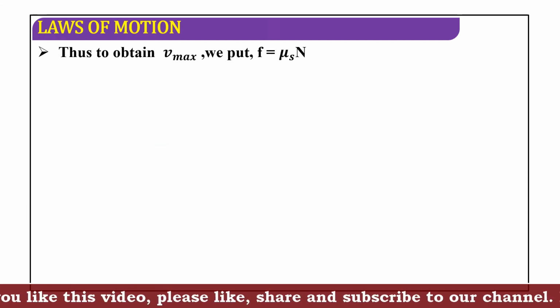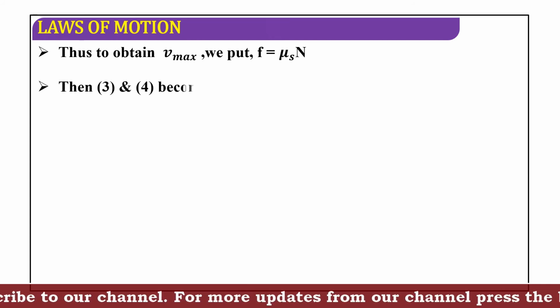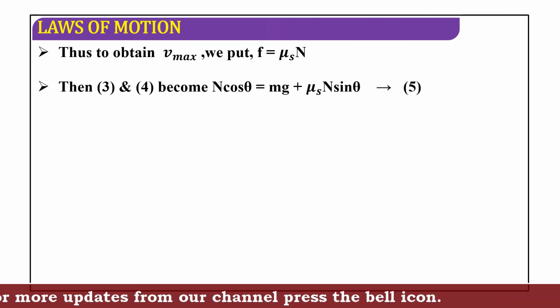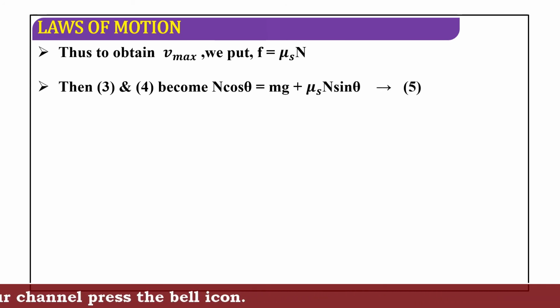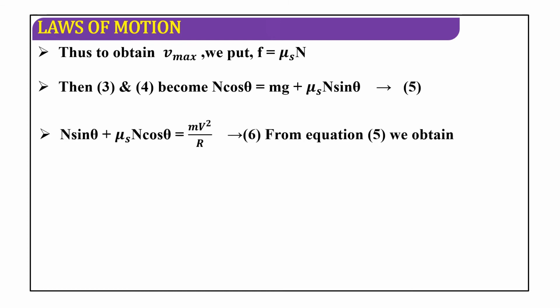Thus, to obtain the maximum speed, we put F equals mu s N. Then from equations 3 and 4, N cos theta equals mg plus mu s N sin theta. Consider this as equation number 5. So N sin theta plus mu s N cos theta equals mv square by R. This is equation number 6. From equation 5, we obtain N equals mg by cos theta minus mu s sin theta.